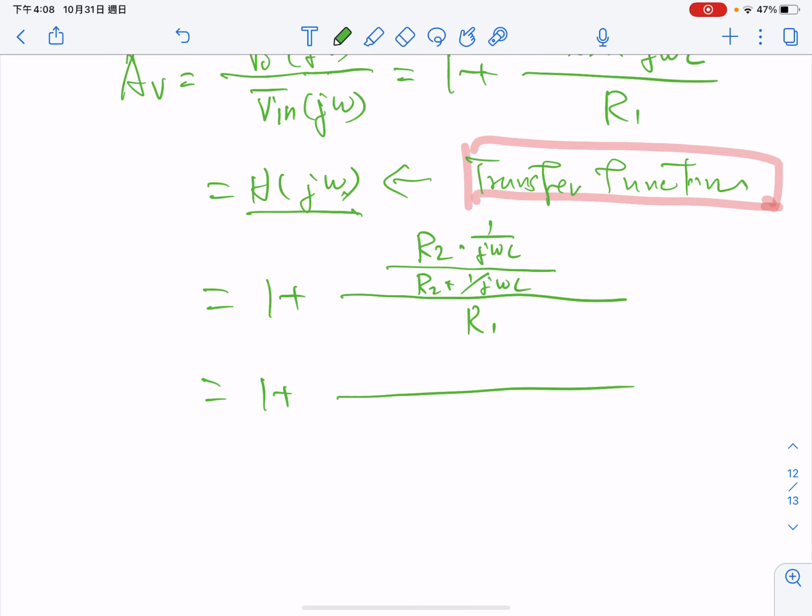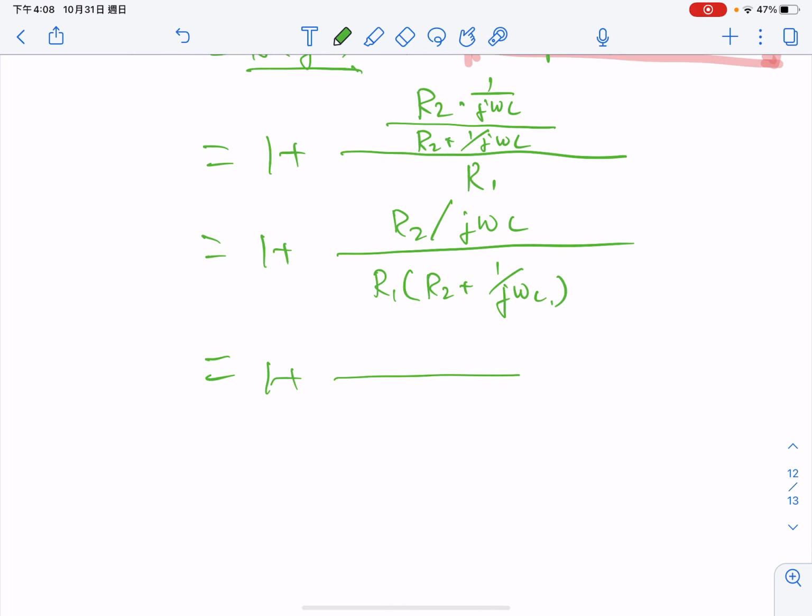R2 in parallel with 1 over j omega C will be R2 over R2 j omega C plus 1. So if I multiply j omega C to the numerator and the denominator, I'm going to have R2 here, and this one will be j omega C R1 R2.